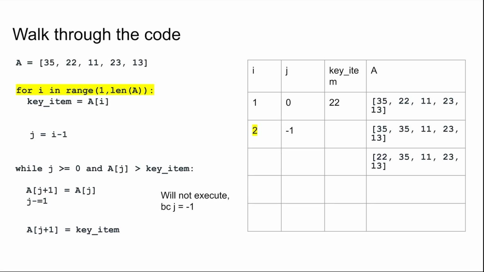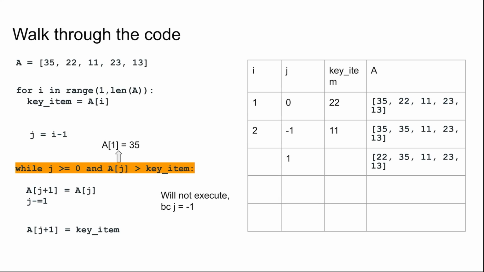Now the program loops back to the for loop again, and I is initialized to 2. And then key item is going to be set to 11. Then j is going to be set to I minus 1, which is 1 in this case.